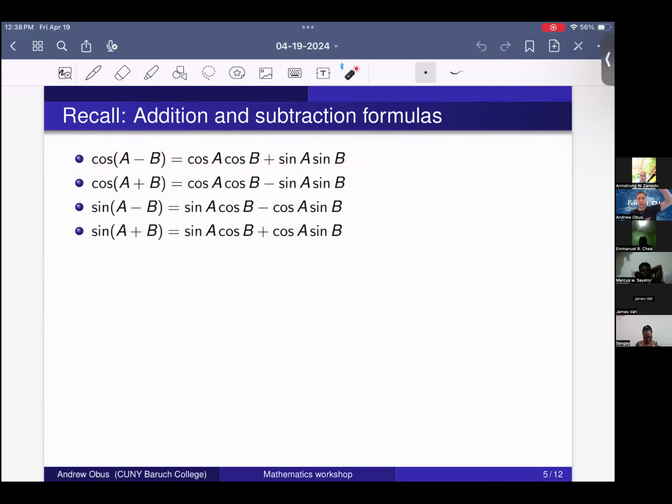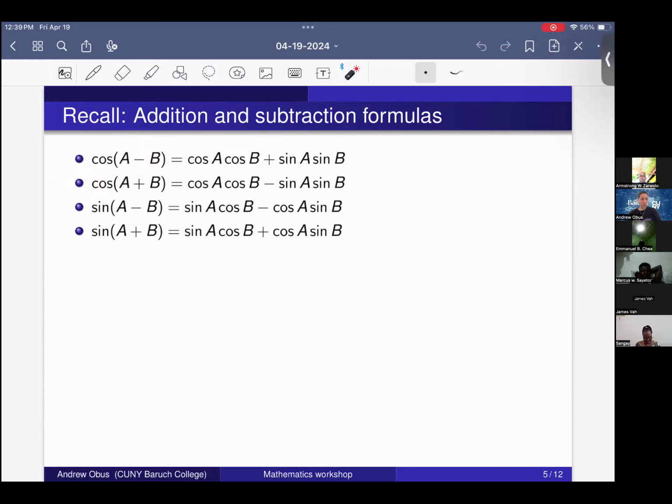We saw that we had one line segment and another line segment that were the same length, and by setting those lengths equal to each other, we were able to prove this equality. Once we had this one equality, we could get everything else from it. We could substitute minus b for b, and that gave us the second equality.